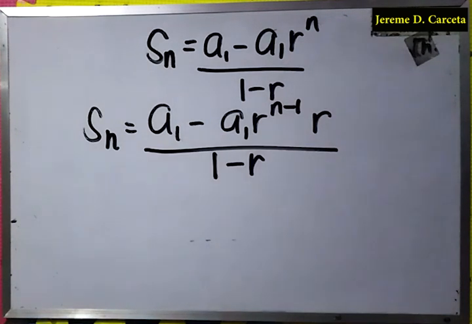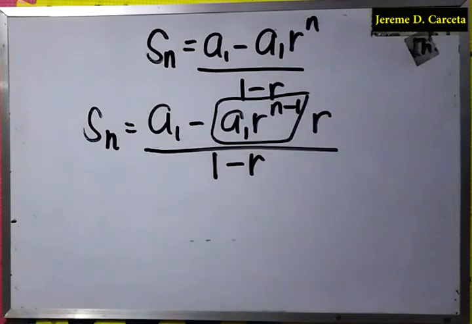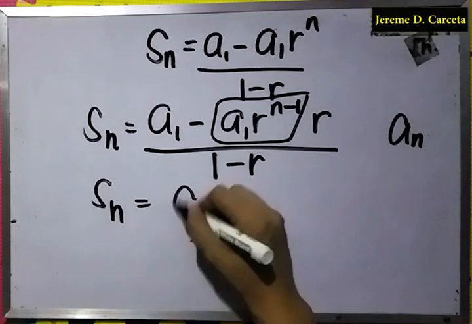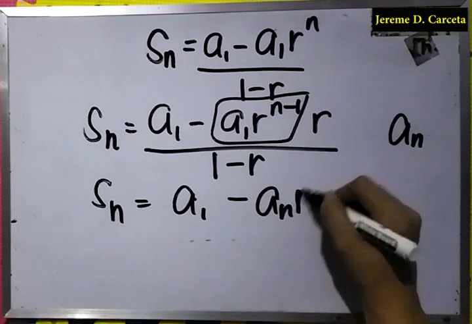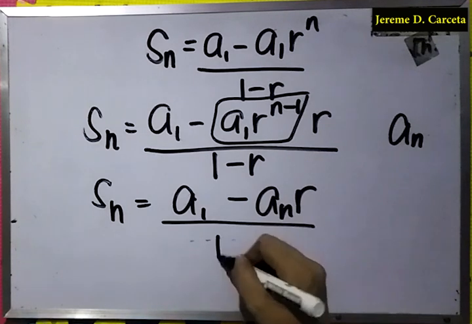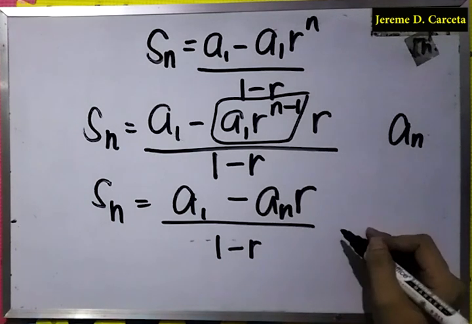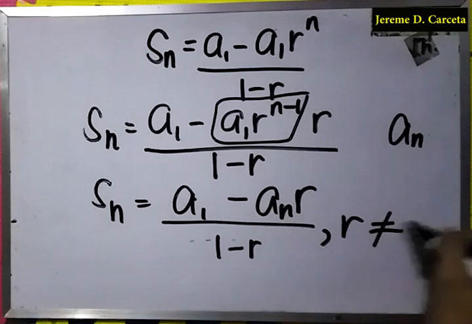And we all know that this part is equal to a sub n. So we can substitute that. We have s sub n is equal to a sub 1 minus a sub n times r over 1 minus r. So in this case, this will be used in finding the sum of the terms of a geometric sequence if our r is not equal to 1.